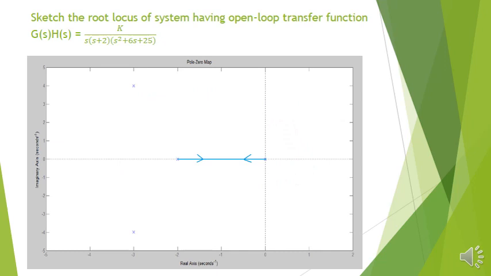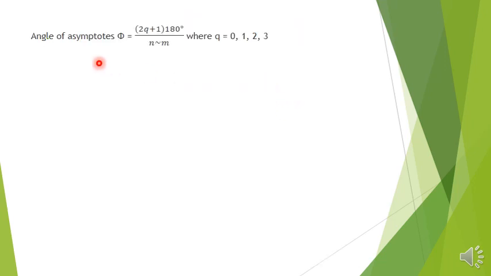Next we will consider the angle of asymptotes. The formula for the angle of asymptotes is (2q plus 1) into 180 degrees divided by (n minus m), where q is equal to 0, 1, 2, 3, only up to 3 because n minus m minus 1, that is 4 minus 0 minus 1, is 3.